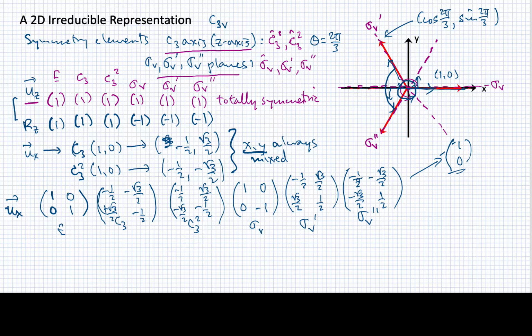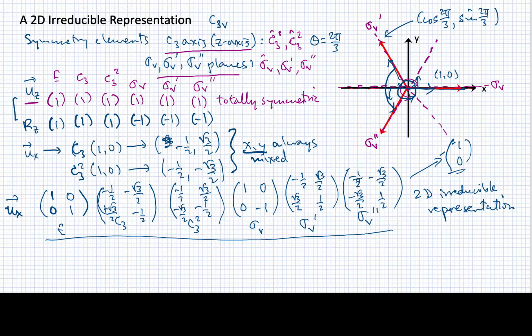Because x and y are inextricably linked, this represents a two-dimensional irreducible representation. I cannot do this with less than 2 dimensions. I can never separate x and y since the C3 rotation is about the z-axis. They will always be linked.